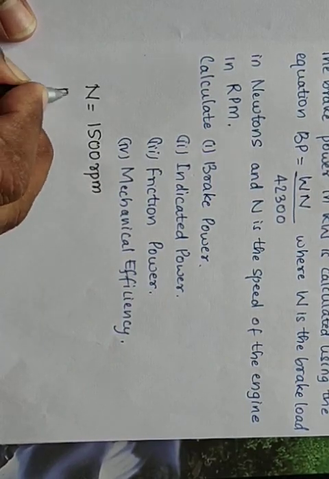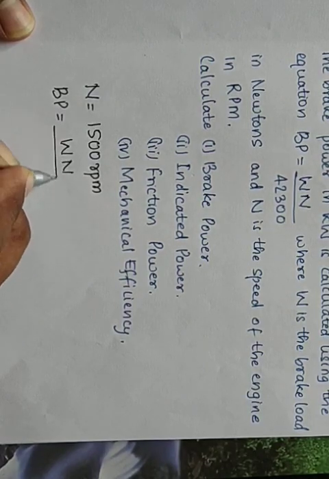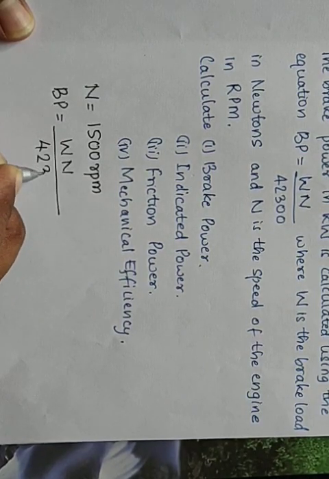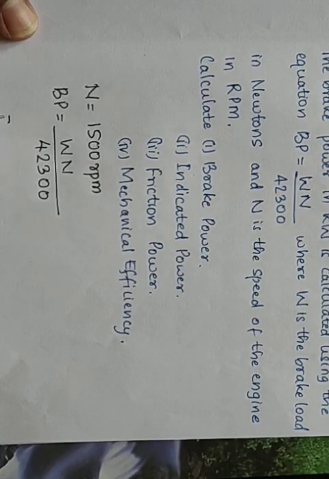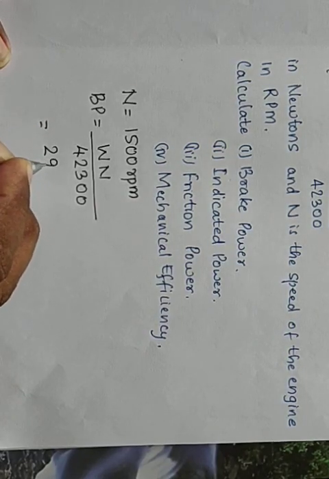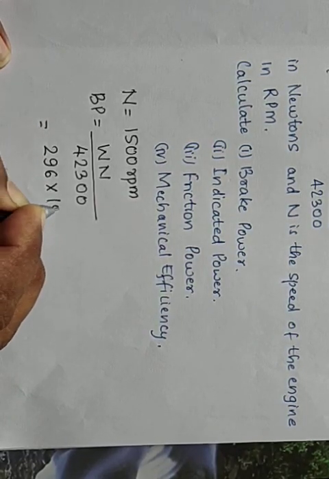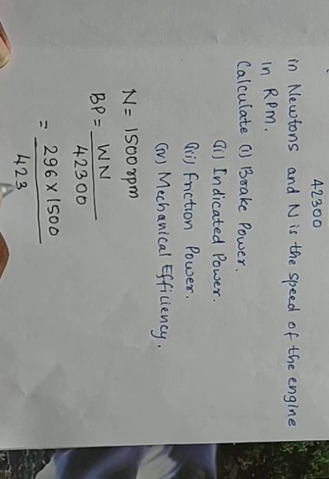Then the equation for BP is BP equal to W into N divided by 42300. So when all cylinders are firing, BP will be given by 296 into 1500 divided by 42300.